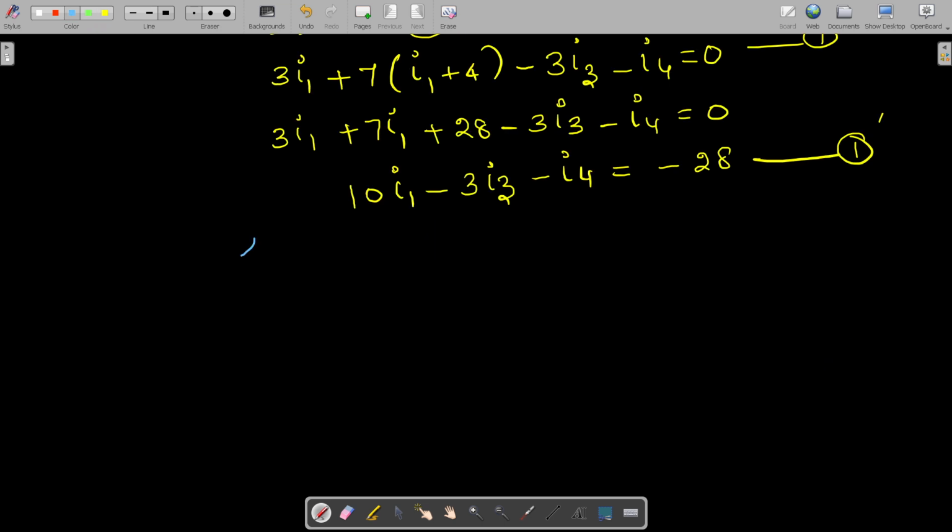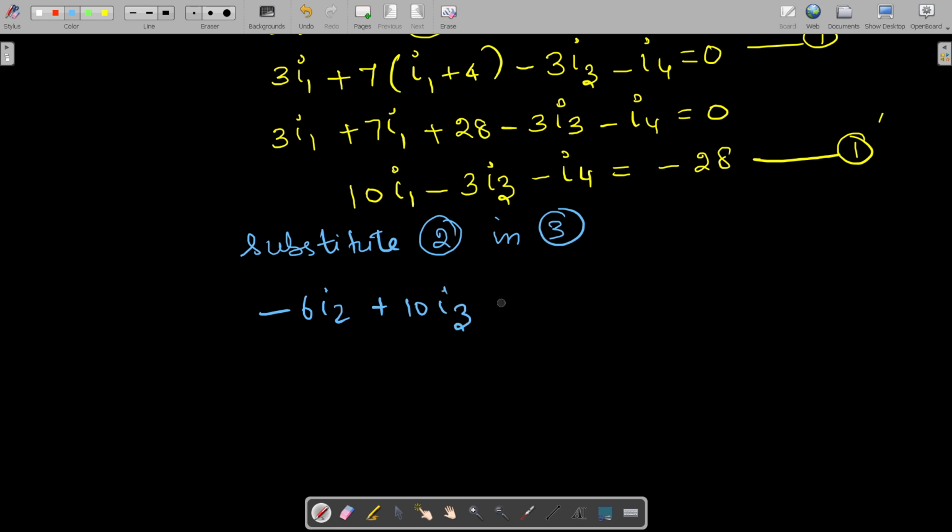Now again you substitute the second equation in the third equation. So what is our third equation? It is minus 6I2 plus 10I3 minus 3I4, that is equal to 0. In this I am going to substitute the second equation, right? So this I2 is to be replaced, isn't it?